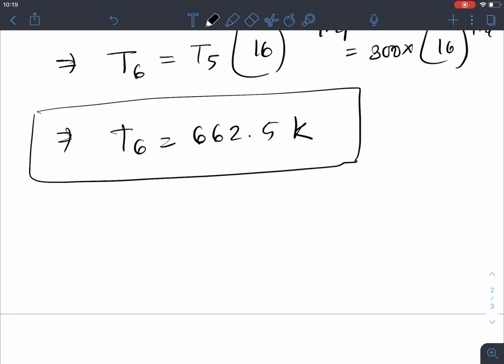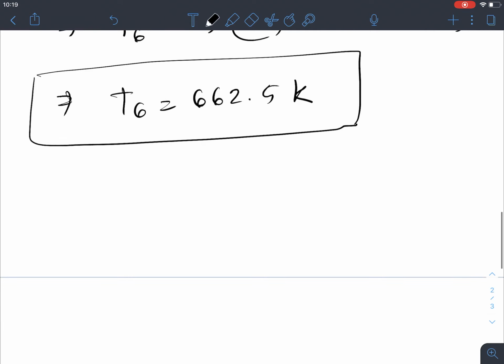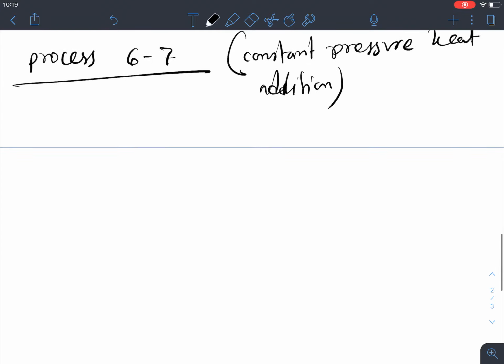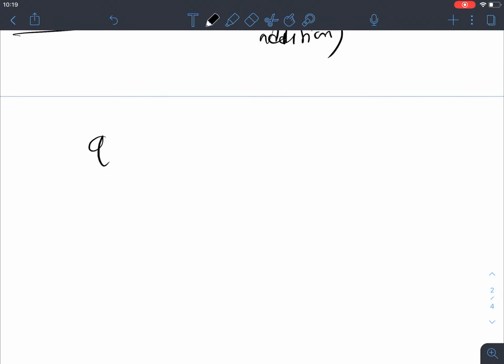Okay, so we know the temperature at point 6. Now from 6 to 7, what is happening? Process 6 to 7 is constant pressure heat addition in the combustion chamber. So basically we know that Q in equals mass flow of the air times (H7 minus H6).